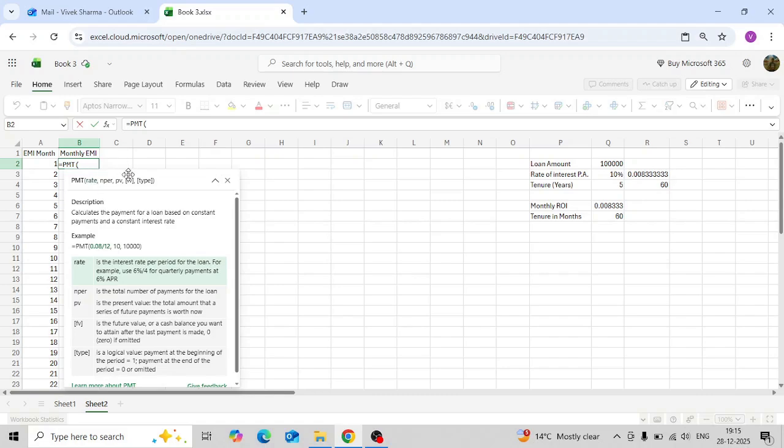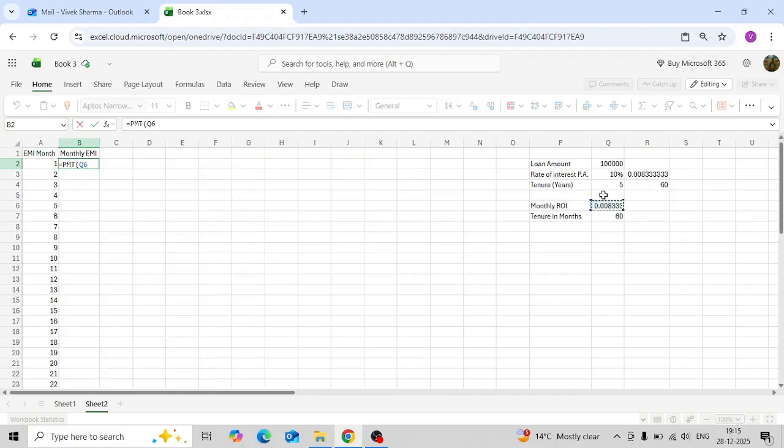So what would be the rate of interest? Since we are calculating monthly EMIs, the rate will be the monthly rate, and the monthly rate we have calculated is this one. Okay, so this will be the rate, and we want this rate to be applicable across the months, right? So we can freeze the rate of interest by simply pressing F4.